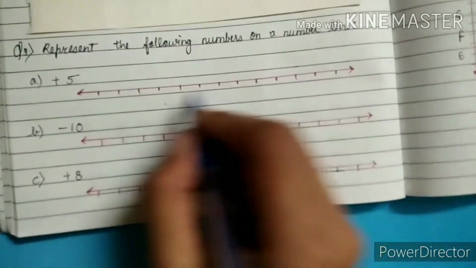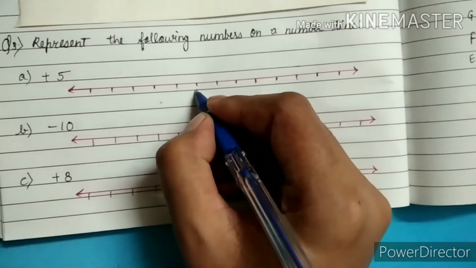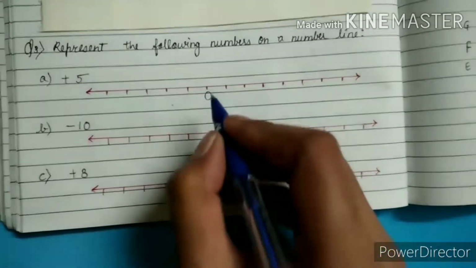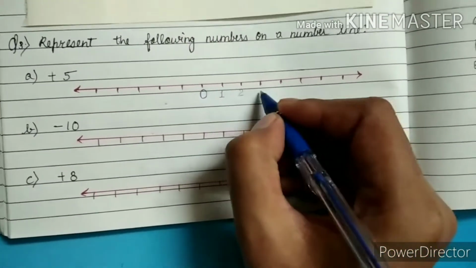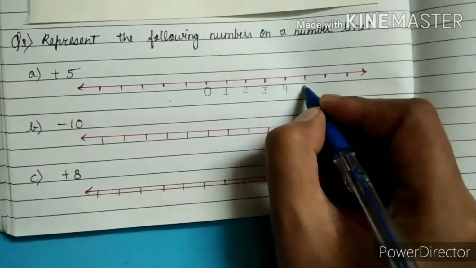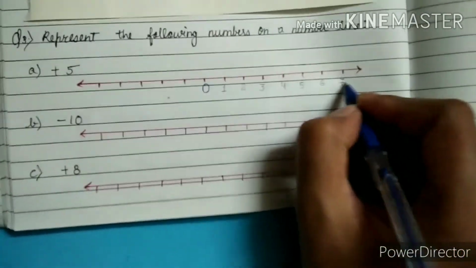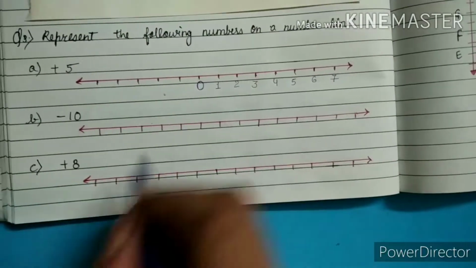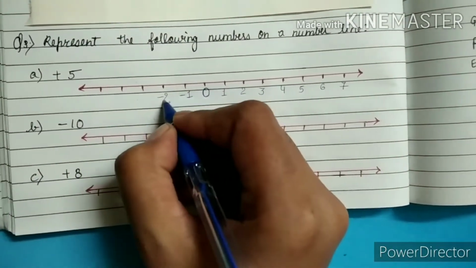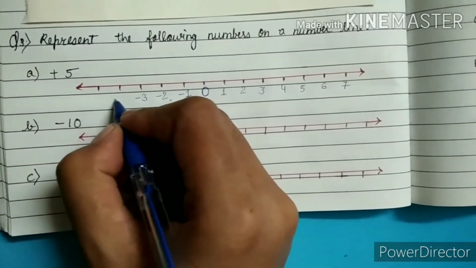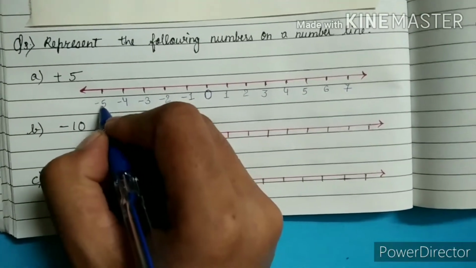So at the middle of the number line I am putting 0. On the right hand side we have all the positive numbers 1, 2, 3, 4, 5, 6, 7. Same as on the left hand side of 0 we have negative 1, negative 2, negative 3, negative 4, negative 5.